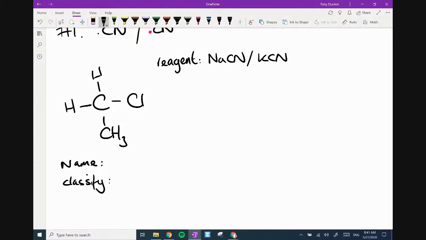Not that it makes any difference. It's just KCN's more common. But this is the reagent. And the reactive species, noting there is a difference, which is what is shown in the mechanism, is CN minus. Notice I'm circling my charge.